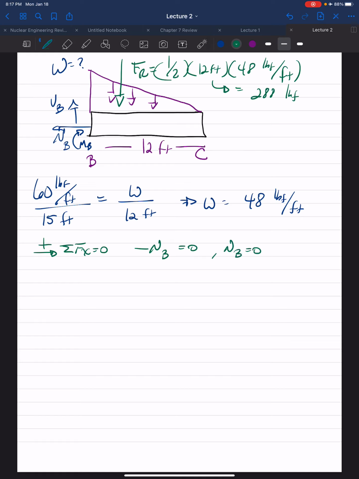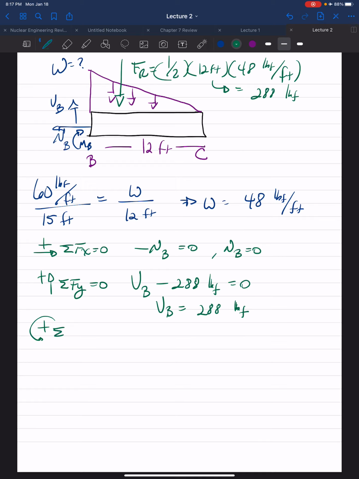That's our normal force at B. Sum of our forces in the y direction, we have our VB, which is our shear force at B, minus our resultant force from the loading. These are the only two forces in the y direction. So one unknown left is our bending moment at B.